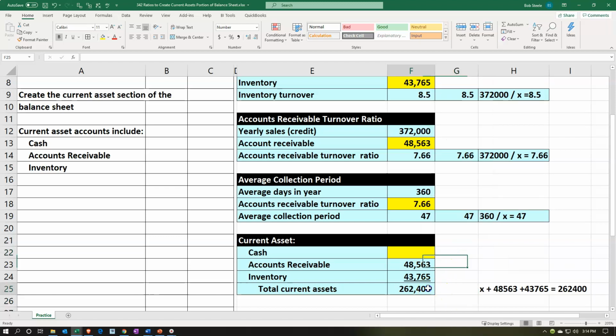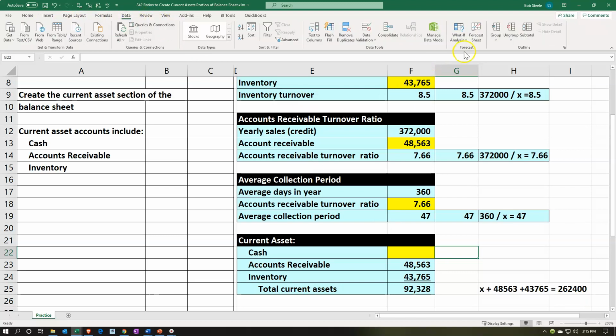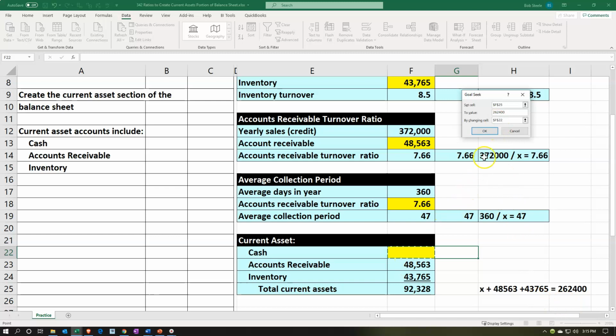Let's do the goal seek by saying, okay, if I delete this and then sum this up, then we can use goal seek to say that, because we know that that needs to be the 262400. So let's say, okay, data, and then what if analysis goal seek. I would like you to set this cell to be the 262400, the end result, by changing the yellow cell.